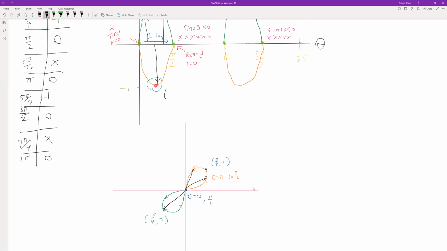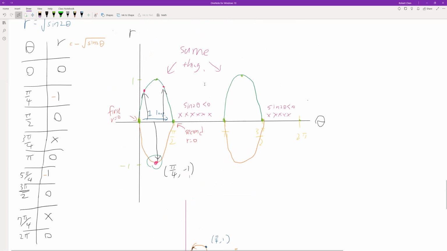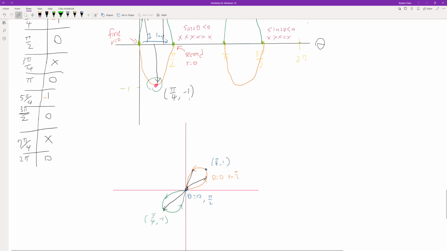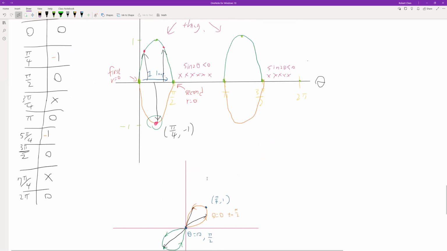This point up here is pi over 4 and -1. And so we have to consider both the positive and negative square root when we are graphing the polar equation. It's not like a regular Cartesian equation, where we cannot graph them in the same function, but in polar we can have something like this, where it just gives you 2 loops.